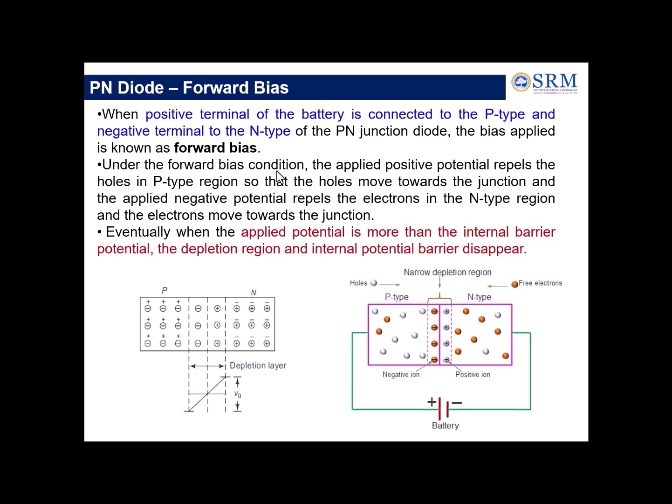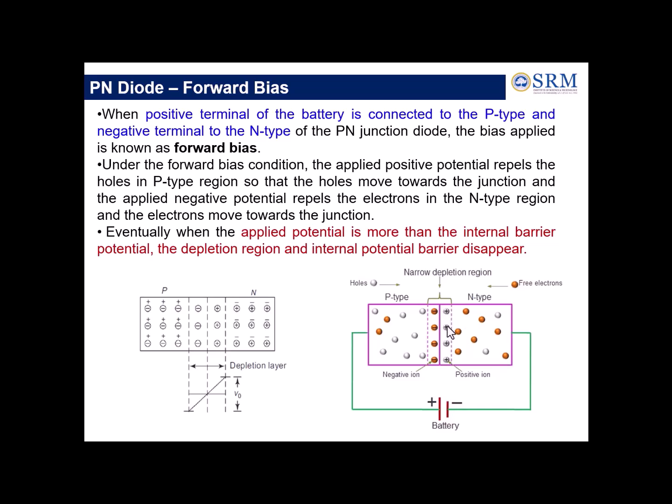Under this condition, the applied positive potential will repel the holes in the p type. Already we are applying a positive here, and the majority carriers are holes. It will repel the holes so that they go to the junction. Similarly, the applied negative potential repels the electrons in the n type to move towards the junction.